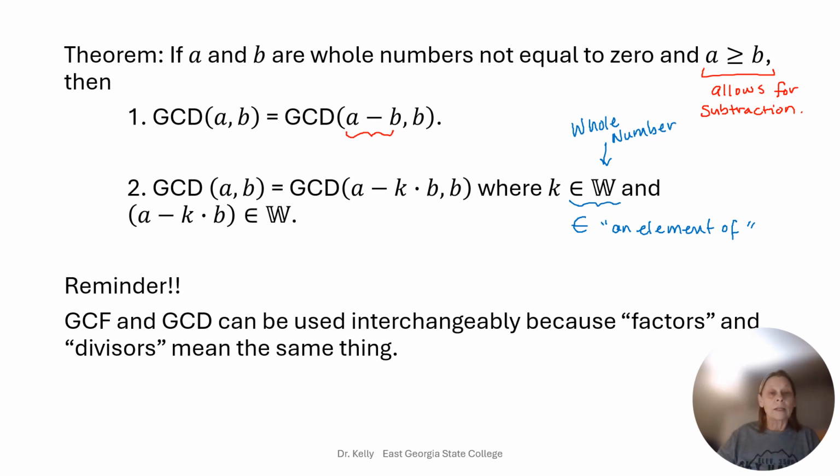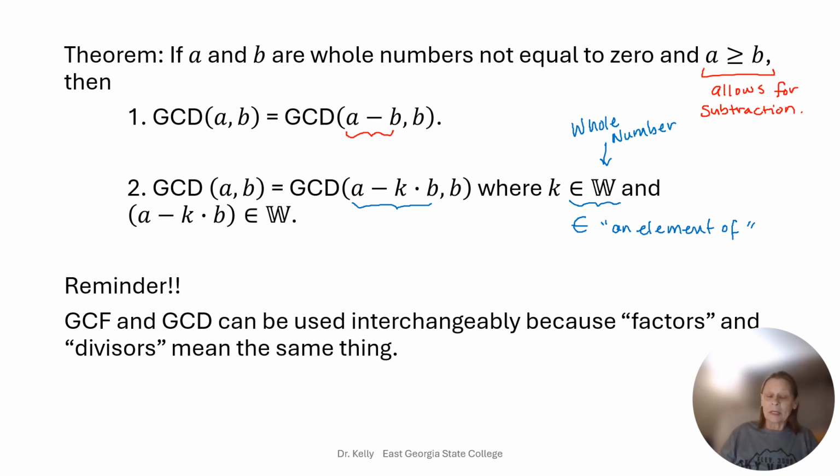Thought I'd just throw in a little notation there. Anyway, we just saw this happen in the last example: we were able to take multiples of B away from A until it was down to a number we could no longer subtract from.